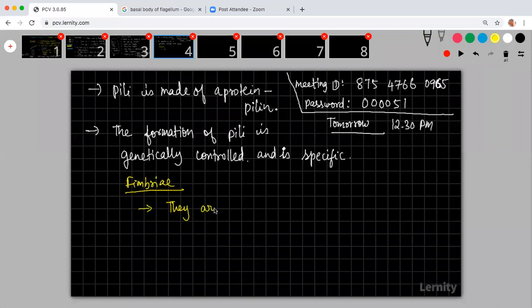They are bristle-like. They are thin tubes made up of helical proteins.